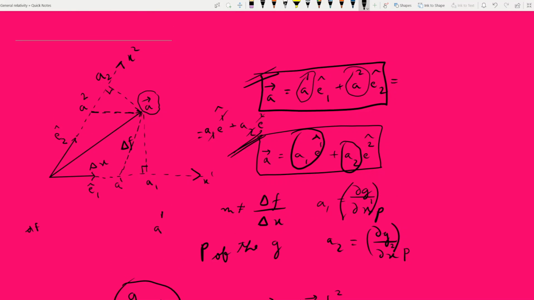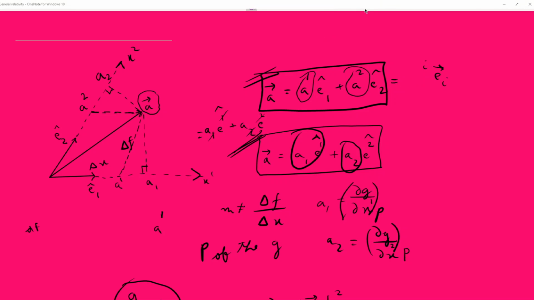We'll contract this equation further. We can write it as a^i e_i, and this e is just a vector. When we have a top index and a bottom index, we know there is a summation over i, so we get back to our original equation.